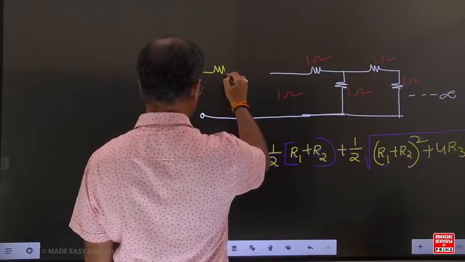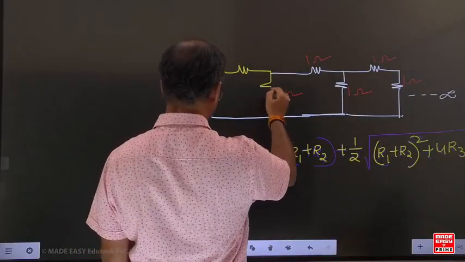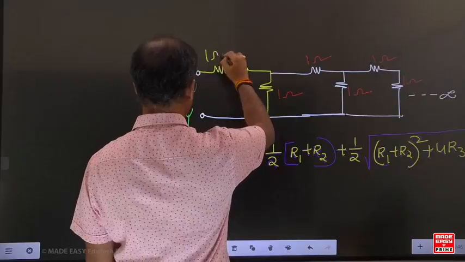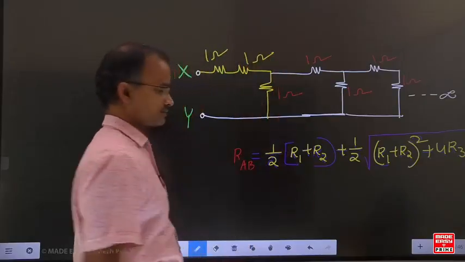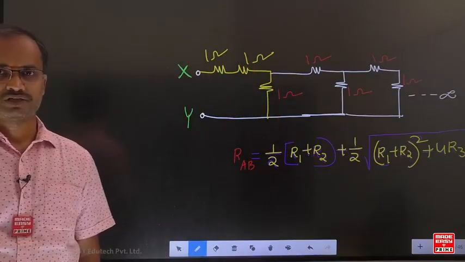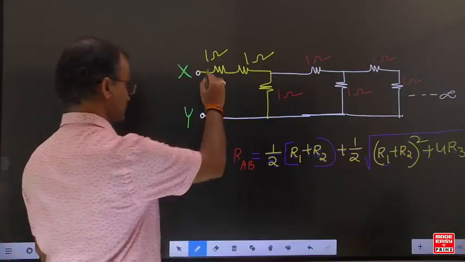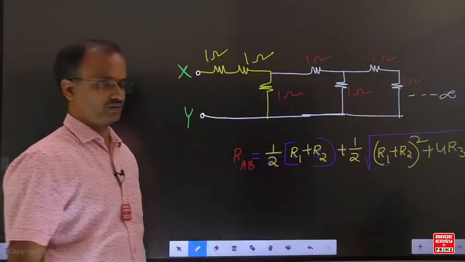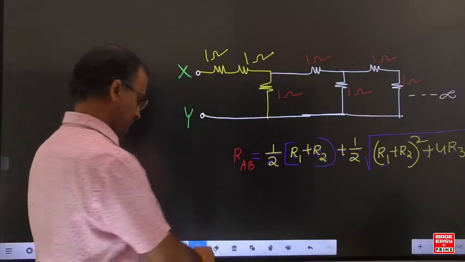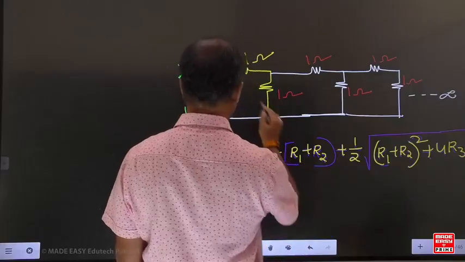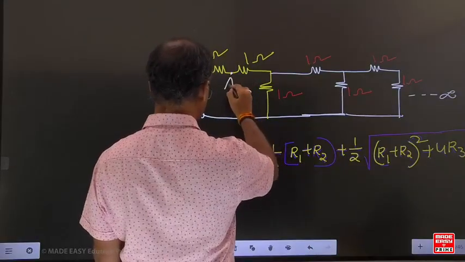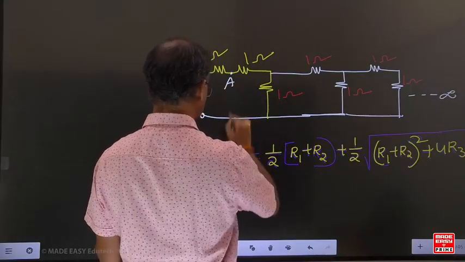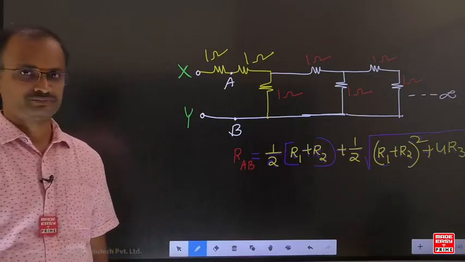The 2 ohms, can I split this one? For example, the 2 ohm resistor, we can separate into 1 ohm and 1 ohm. Then here in this example, can you indicate these AB points like this?